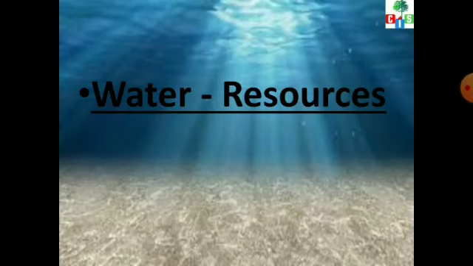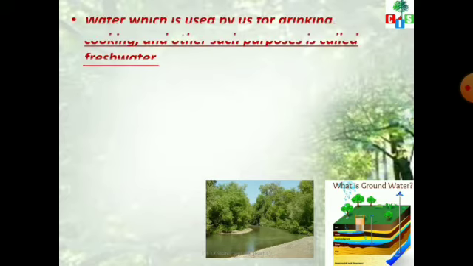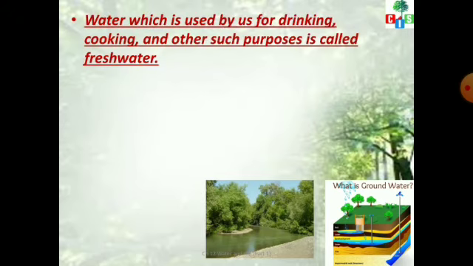So let's see what the different resources are through which we can get water to use. Water which is used by us for drinking, cooking, and other such purposes is called fresh water. I already told you that only a small amount of water is available for drinking and cooking, and that water is called fresh water.